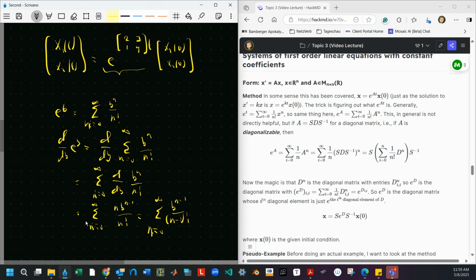Actually, I lose the first term, so this is not literally correct, because the first term is going to be 0, since b to the 0 is a constant term, so it goes away. So what I really have is this.